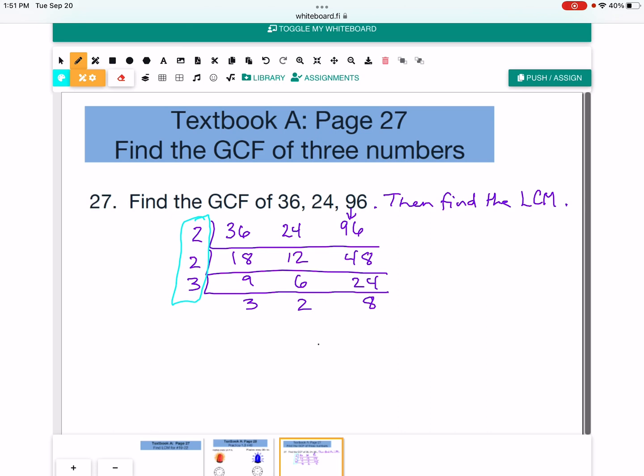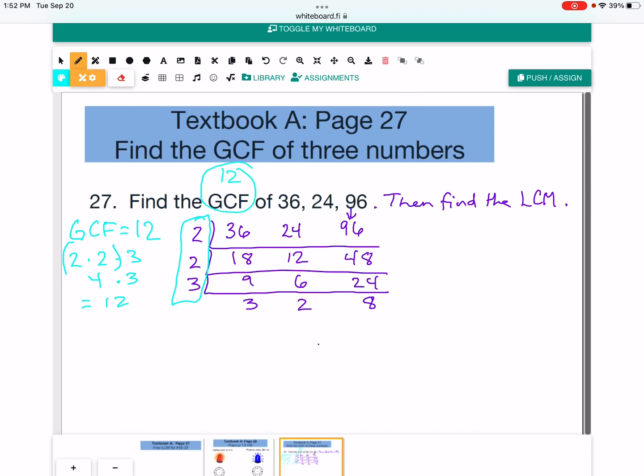These are the prime factors that were able to come evenly out of all of these three numbers, right? So to find the GCF, greatest common factor, you just multiply 2 times 2 times 3. And in this case, 2 times 2 is 4. 4 times 3 is 12. So your greatest common factor is 12. And you're done with that.